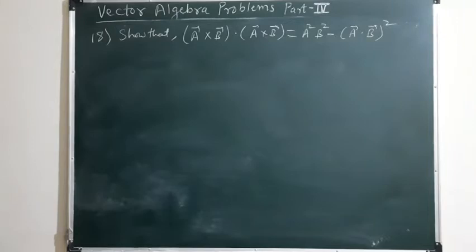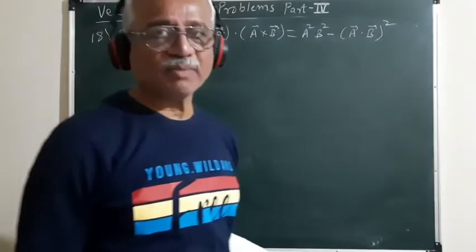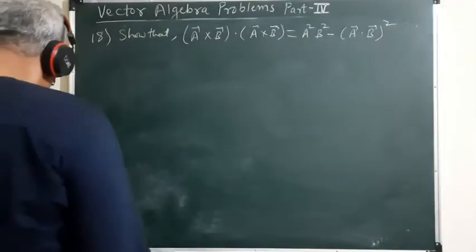You are asked to prove that a bar cross b bar dot a bar cross b bar is equal to a square b square minus a bar dot b bar bracket square.